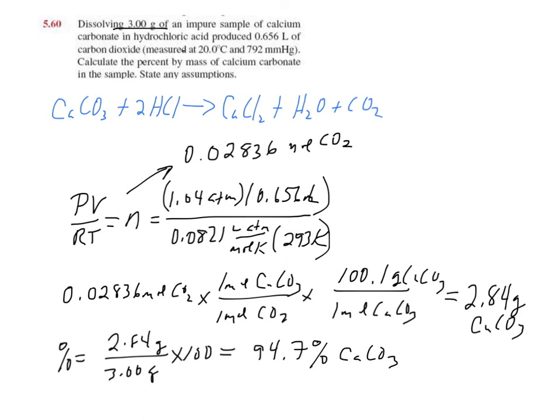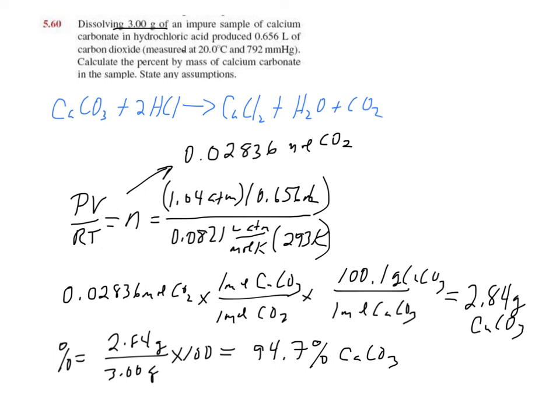Alright, so these are several different types of problems that you can run into. These are a lot more difficult than the ones we will be doing for the baseball event. For the baseball event, focus on doing your P1V1 over T1 is equal to P2V2 over T2, your combined gas law.